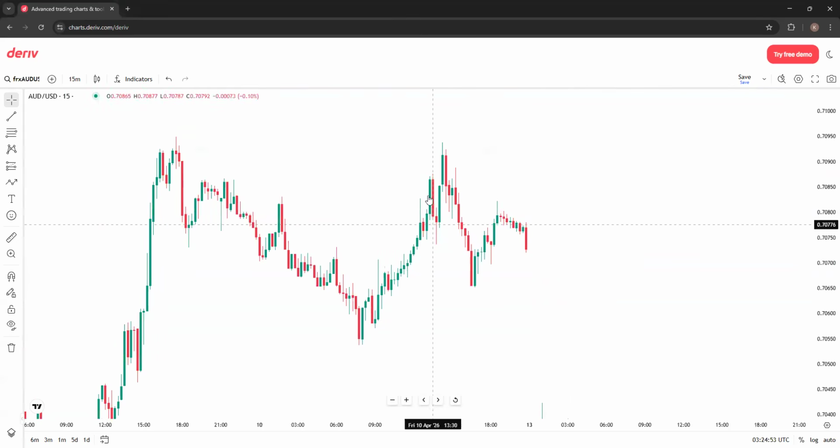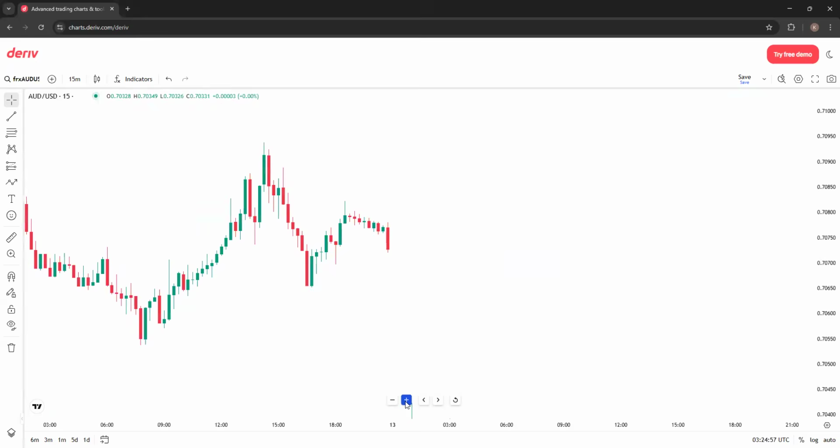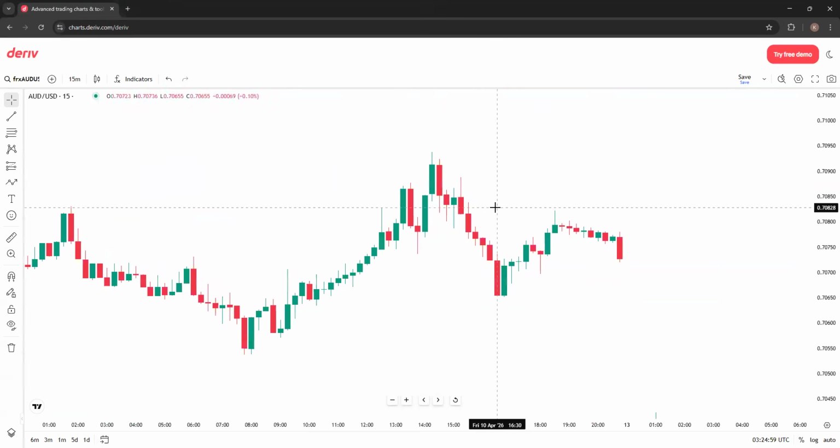So here we were in an uptrend. What do we see? We see that we had a head and shoulders pattern. We have a shoulder here, we have a head here, we have a shoulder here, right?